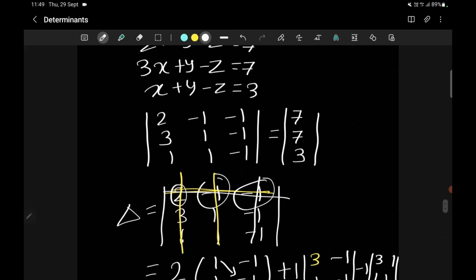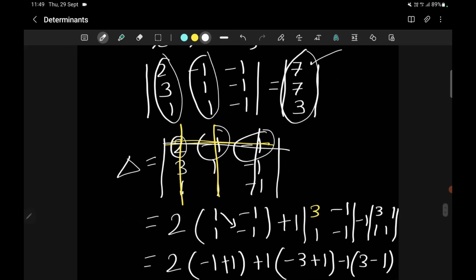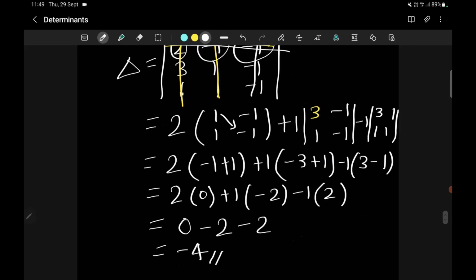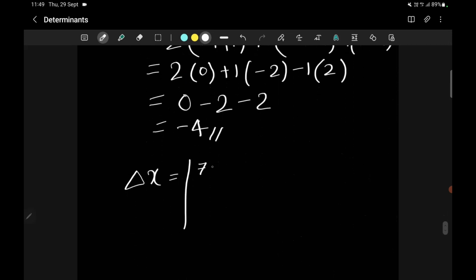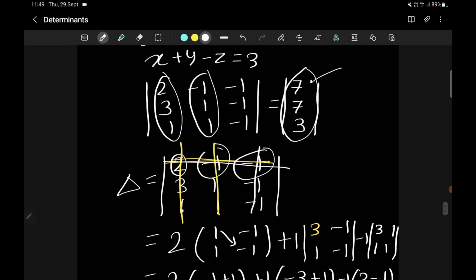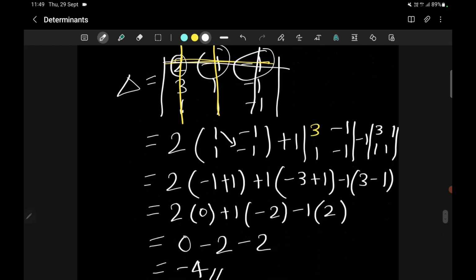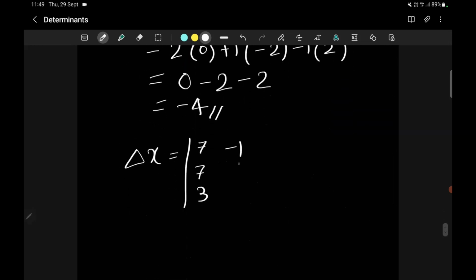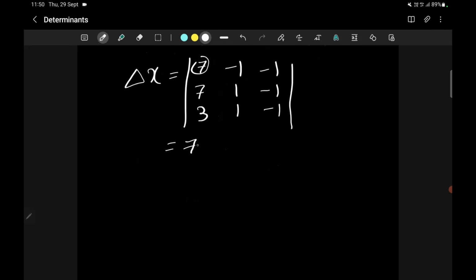Now we will find delta x. To find delta x, we have to replace this whole column with this column. If we are finding delta y, then we have to replace this whole column with this number. 7, 7, 3, minus 1 1 1 and minus 1 minus 1 minus 1. Let's take this 7 outside.